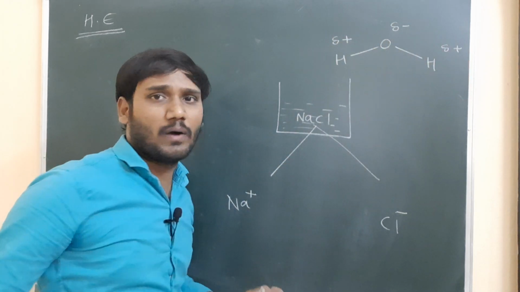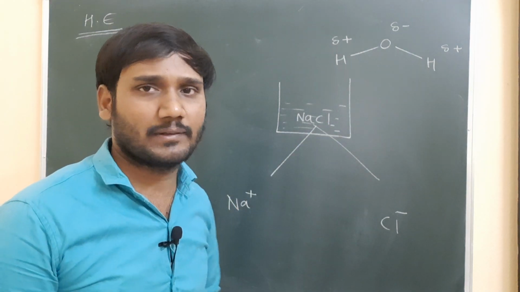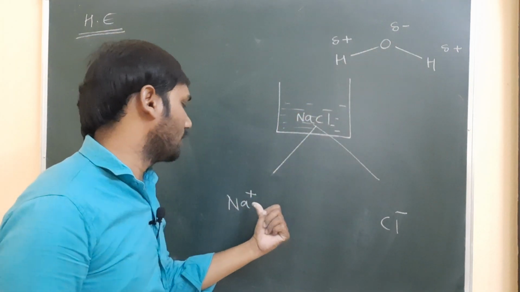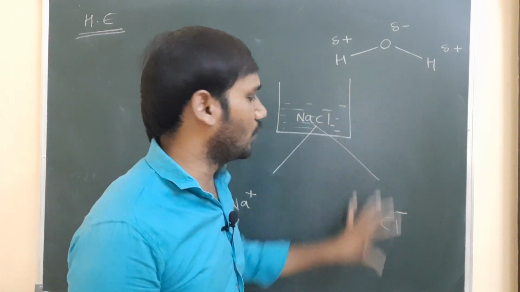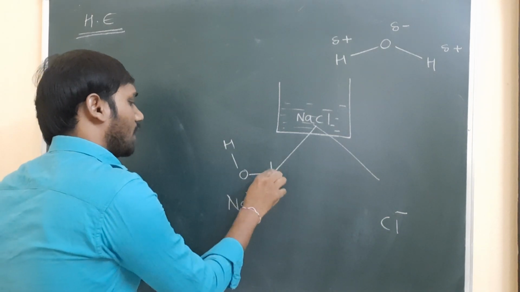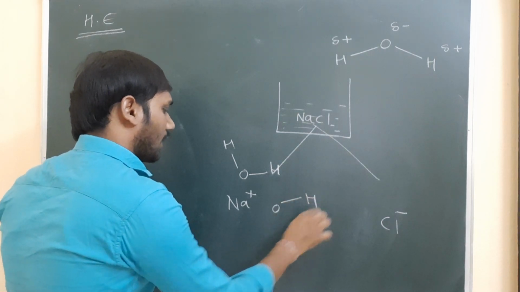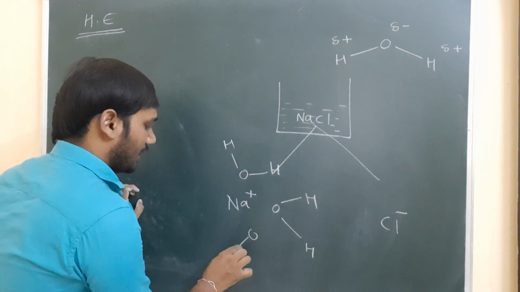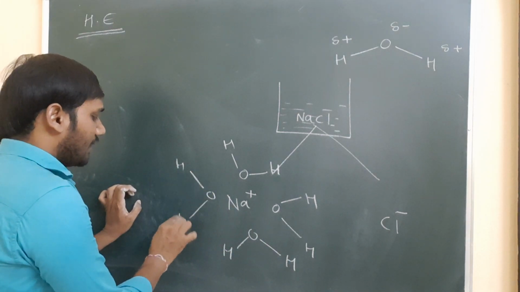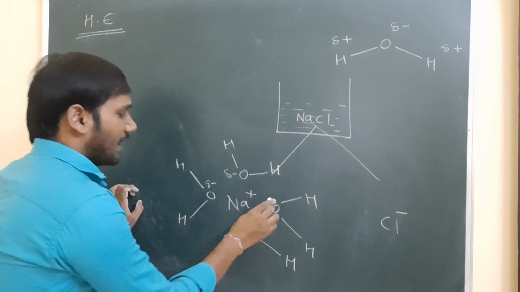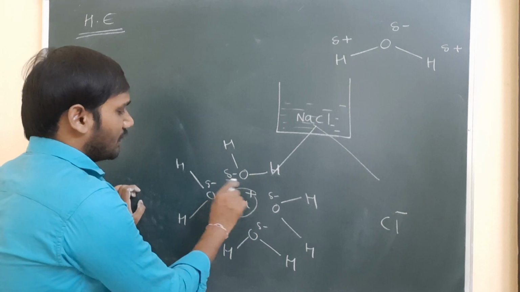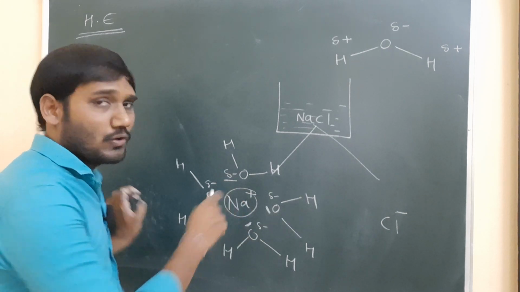Sodium has a positive charge, so the water molecules surround the sodium with the oxygen nearby, because oxygen has a partial negative charge. The positive charge and negative charge attract each other.